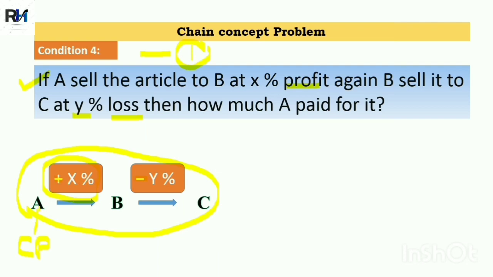Then the article which is sold to B becomes the CP for B, but it is the SP for A. So the same condition repeats whenever B sells it to C. After selling it at Y% loss, it becomes the CP for C but the SP for B. We have to remember this.